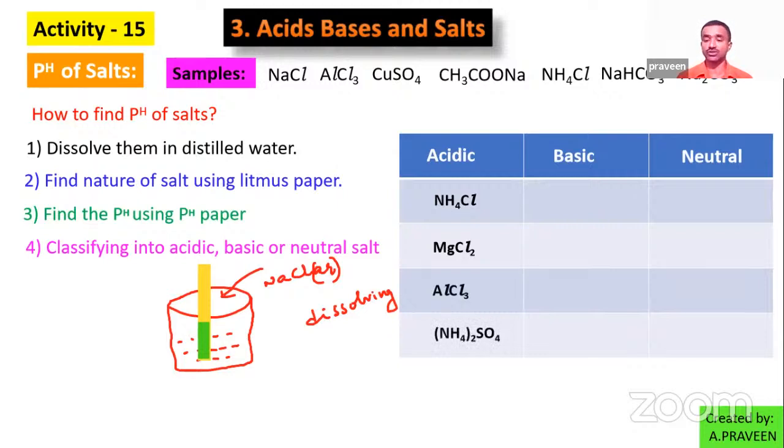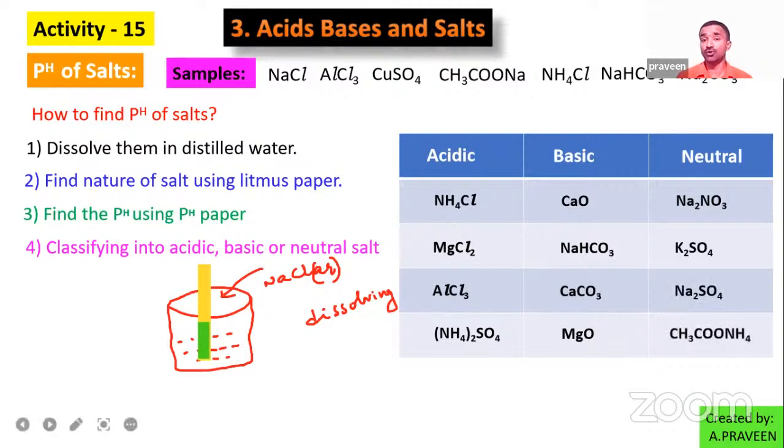Then basic salts: calcium oxide, sodium bicarbonate, calcium carbonate, magnesium oxide. Neutral salts, important topic, neutral salts. So remember the neutral salts and examples: sodium nitrate, potassium sulfate, sodium sulfate, ammonium acetate.